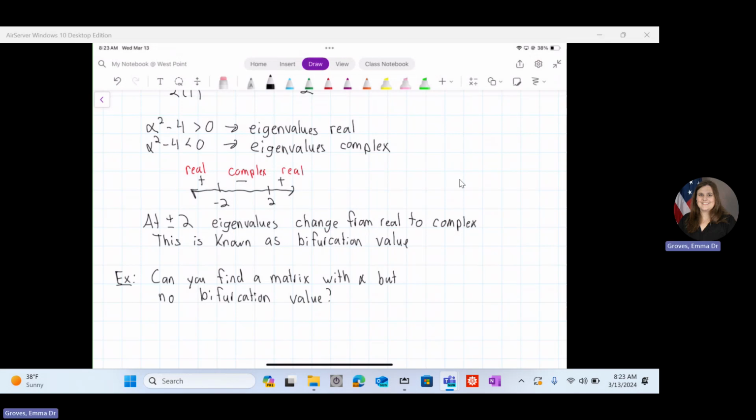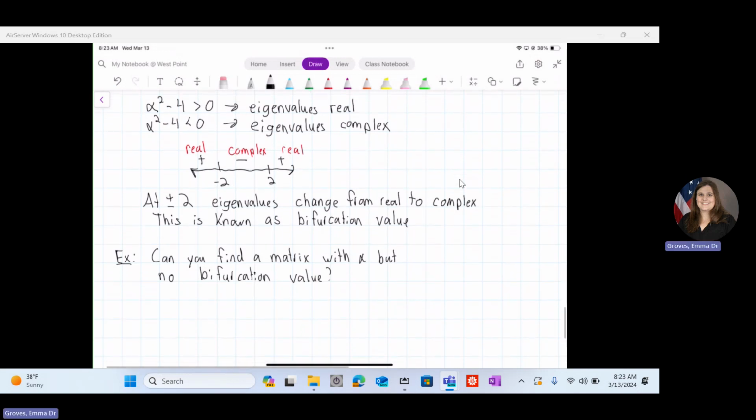So think through how you would solve that. In other words, this matrix is always going to have real or always going to have complex eigenvalues.